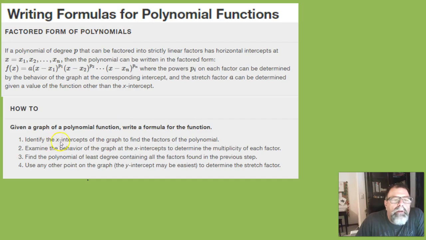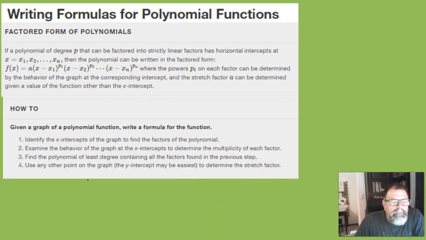Your first step, you want to identify the x-intercepts, to find the factors of the polynomial. Second, examine the behavior of the graph at the x-intercept to determine the multiplicity of each factor. Third, find the polynomial of least degree containing all the factors found in the previous step. And fourth, use any other point on the graph, the y-intercept may be the easiest, to determine the stretch factor.